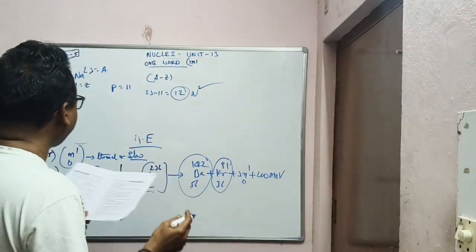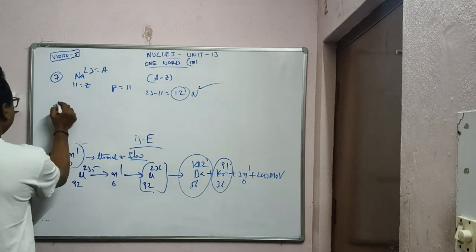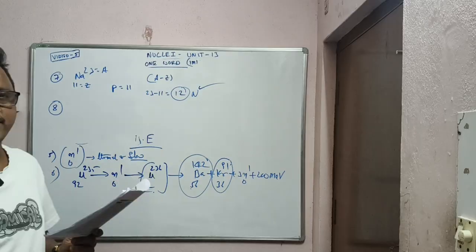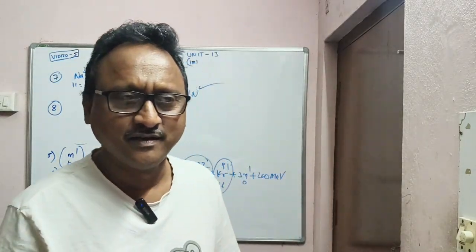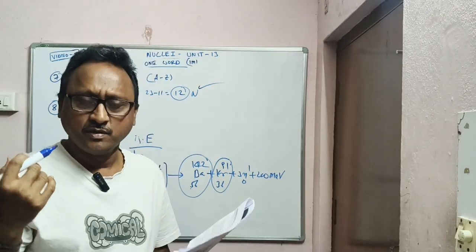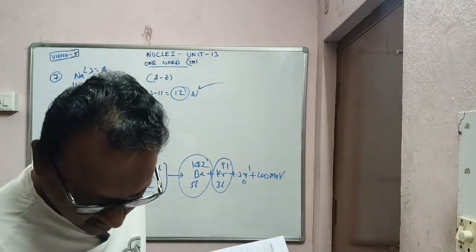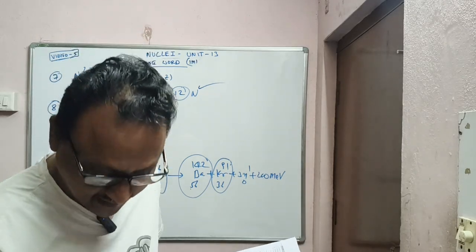Next, what is binding energy? 8th one. Whatever energy is required to break the nucleus, the same energy is required to form the nucleus. That is called minimum energy.